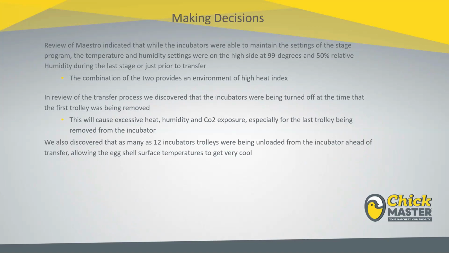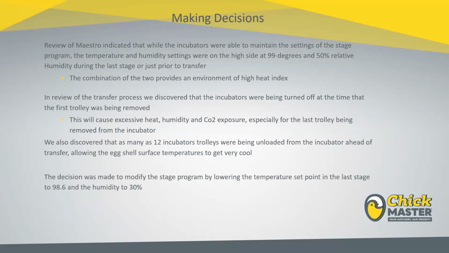So we were seeing as many as 12 incubators in the transfer room at any one time. And we measured some eggshell surface temperatures, and the eggs were getting way overcooled during transfer because of that particular procedure.